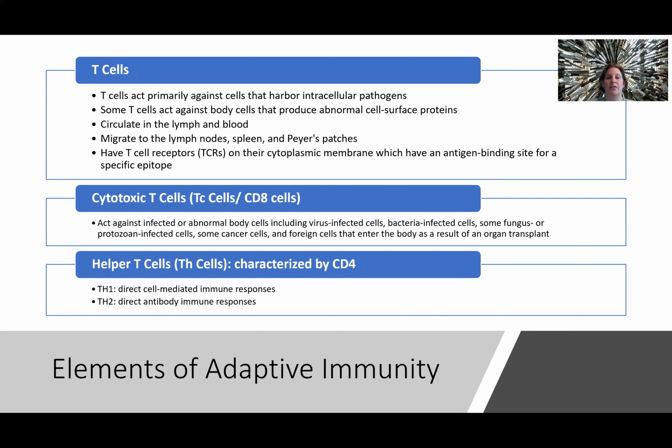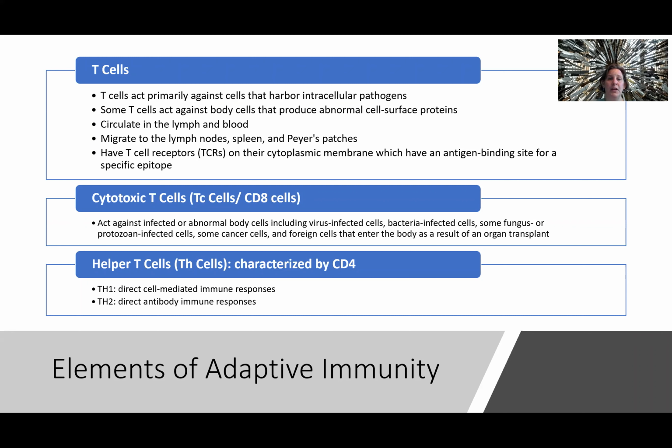They have T cell receptors on their cytoplasmic membranes that have an antigen binding site for a very specific epitope. So let's say that you've been exposed to chickenpox, and there are specific chickenpox T cells, meaning that they can recognize the chickenpox virus and have a specific antigen binding site for that specific epitope.